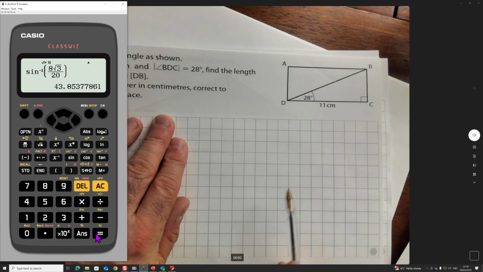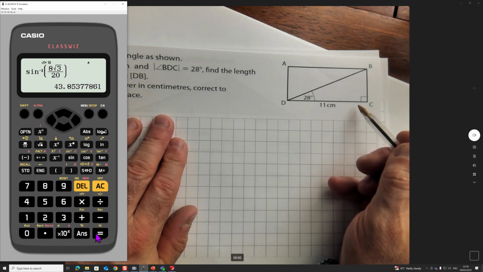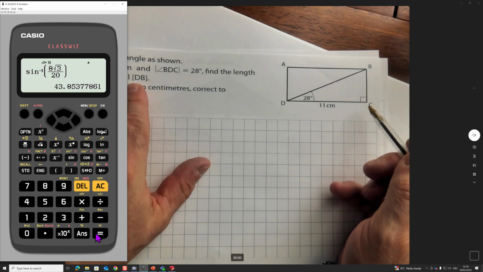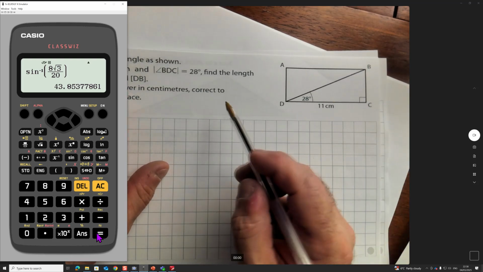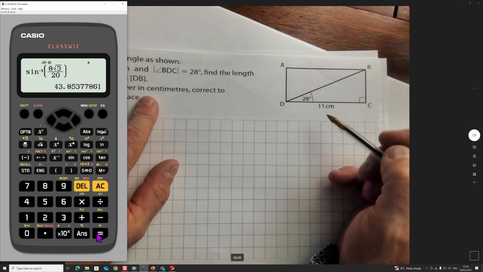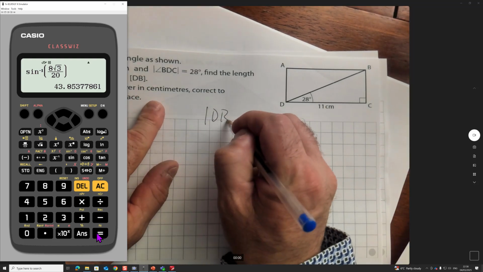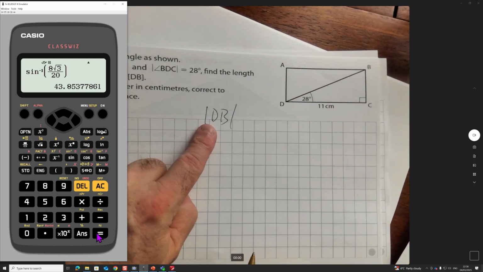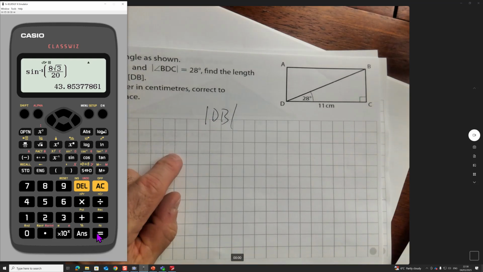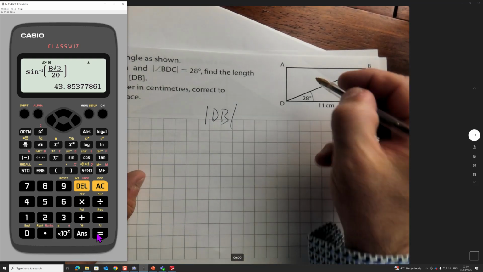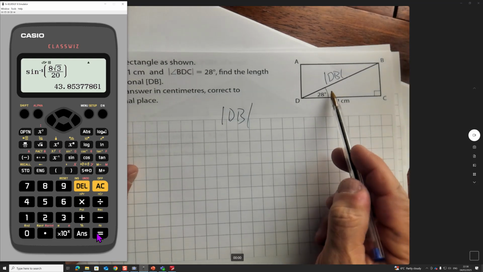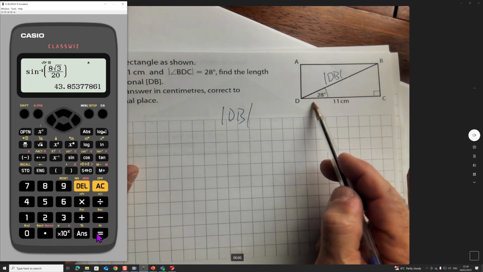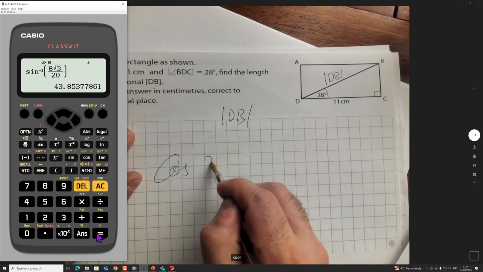It's a rectangle with 11 going this way. Find the length of diagonal DB. It's just a bit annoying that they don't say find the distance from D to B. So where does it meet 11? It meets it here, so it's cos.